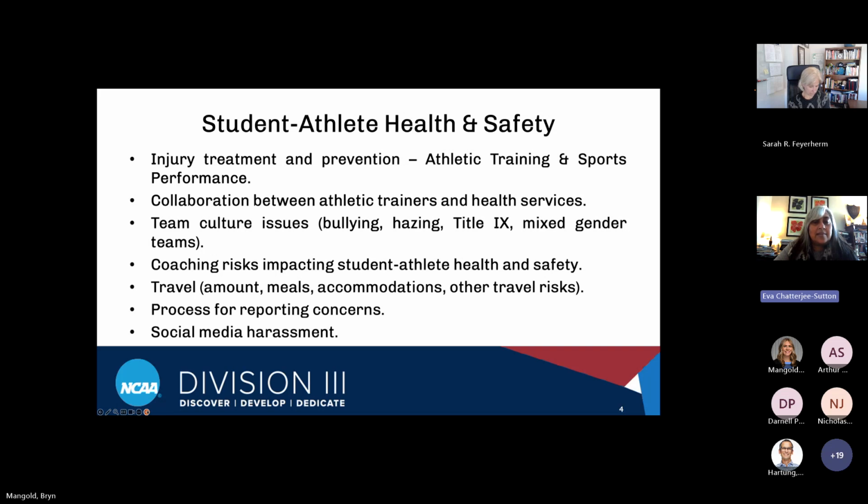I love the idea of being on site for a practice. I also try to meet with each team at the beginning of their season and let them know they're going to see me, they're going to hear from me, and that I'm a resource to them if they want to let me know about anything that's going on, good, bad, or indifferent.